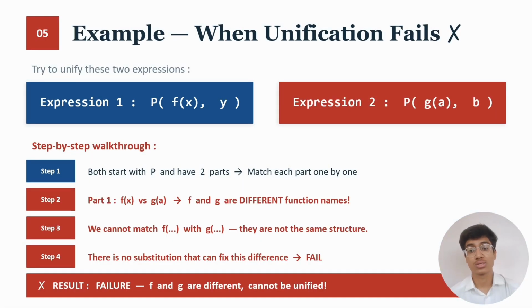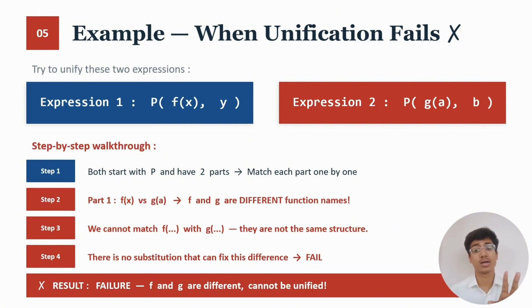Example when unification fails. Expression 1 is p of f of x, comma y. Let's see the second expression: p of g of a, comma b. A step by step walkthrough. Both start with a p and have two parts.